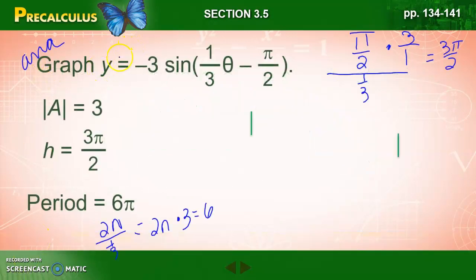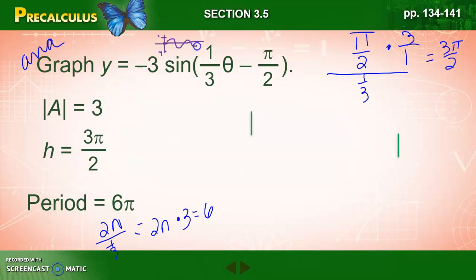We're going to graph y equals negative 3 sine of 1/3 theta minus pi over 2. Now you see that there's already lots of math here, and I'll refer to these examples in just a second. Let's determine, first of all, what our general sine function looks like. You should know that your sine function starts here at 0, and it goes up typically to 1 and down to negative 1.